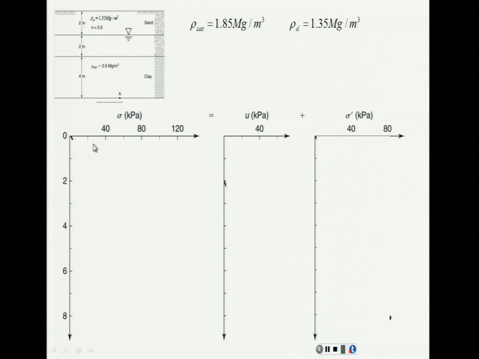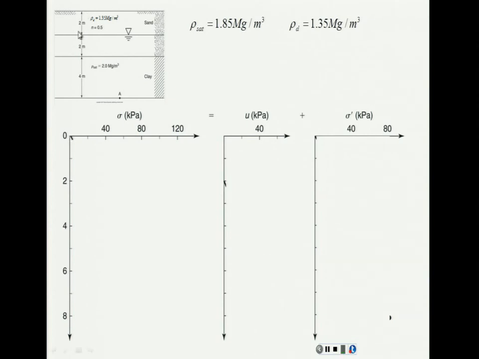original diagrams. Remember, what this diagram is showing is the depth versus the pressure or the stress, how the stress is varying with the depth. At 0, how much is the total stress? 0.